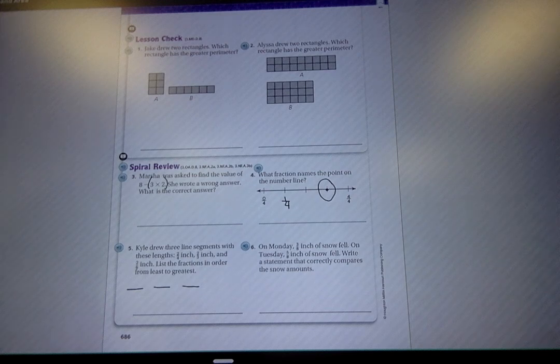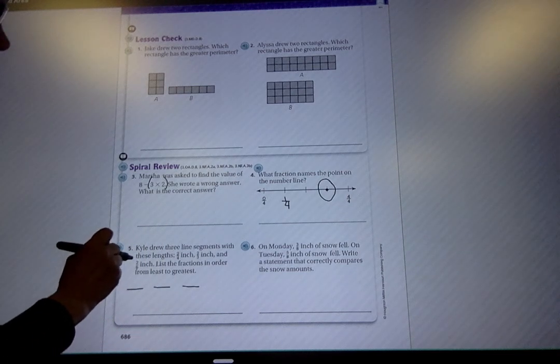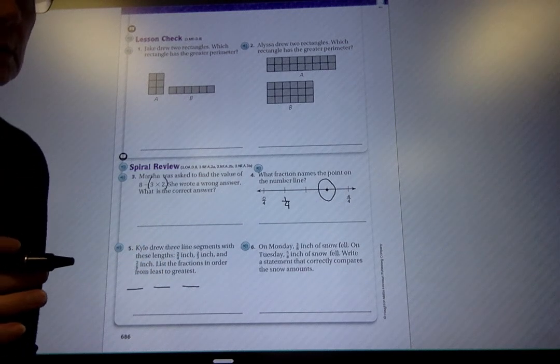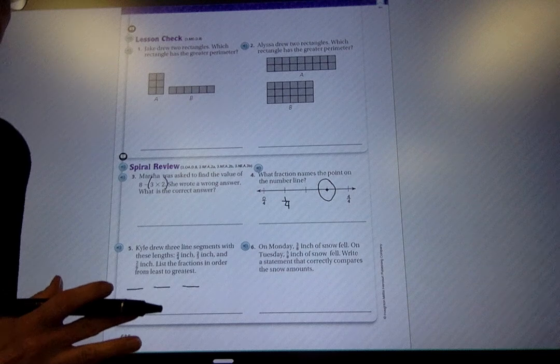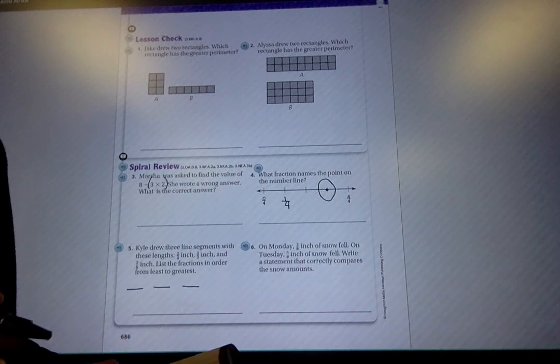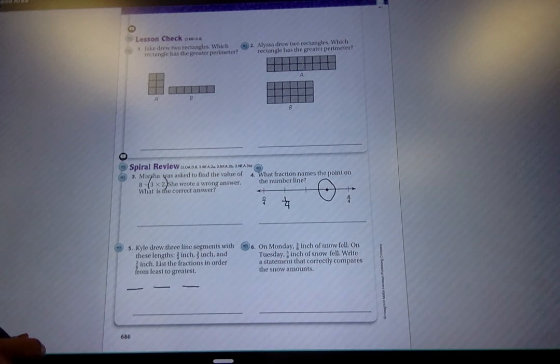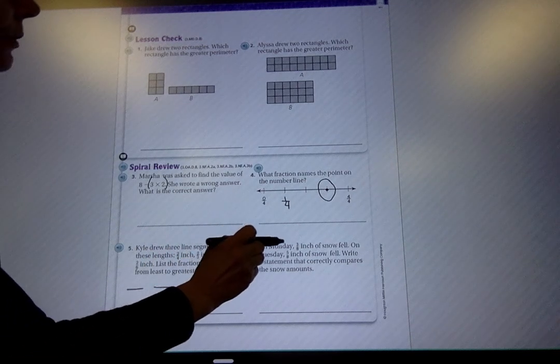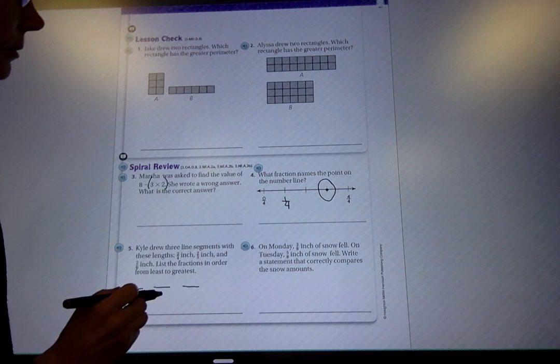Okay, so we've got the same numerator, but the bottom numbers show more parts or less parts, but the parts are smaller or bigger. They're different sizes. Remember that. On Monday, 3/8 inch of snow fell.